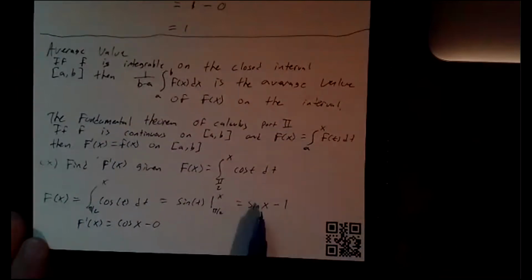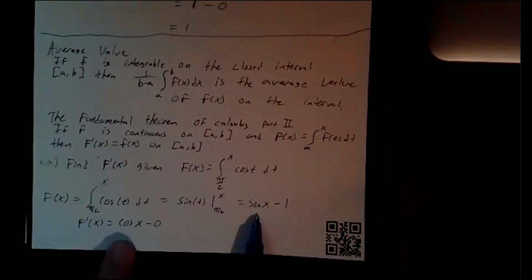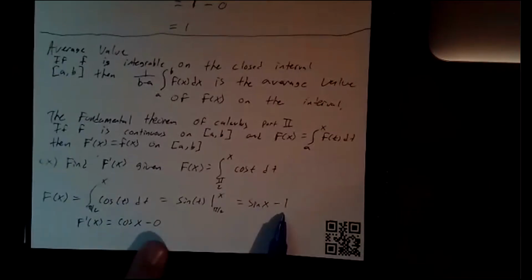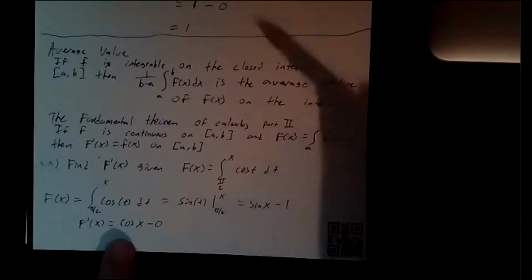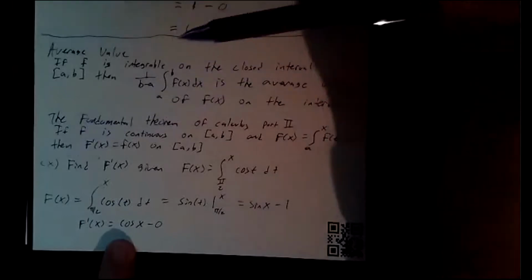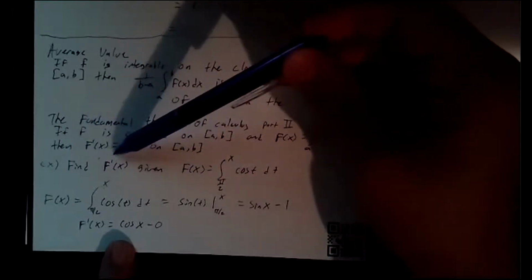Because you take the derivative of this, giving you cosine, and the derivative of 1 is 0. So F prime is just cosine.